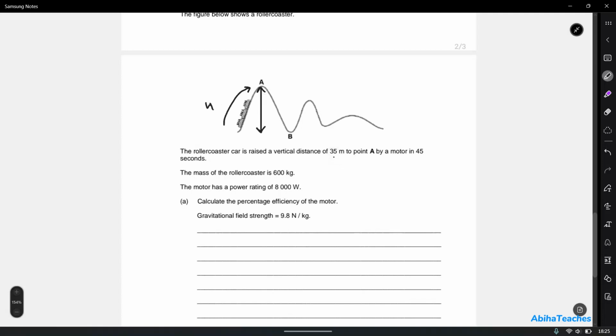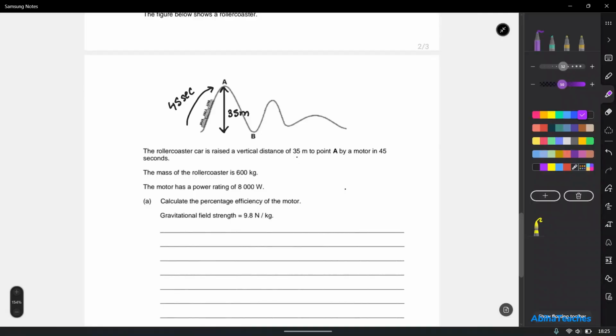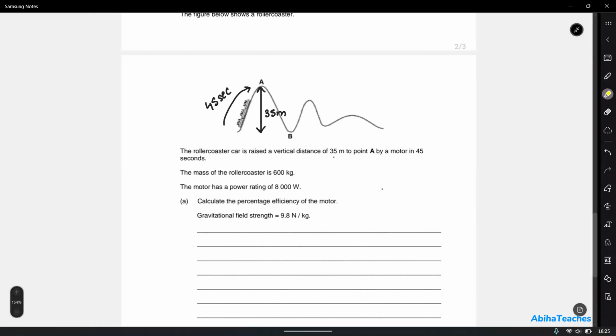I'm just going to annotate. And it travels 35 meters. The mass of the roller coaster is 600 kilograms. The motor has a power rating of 8,000 watts. Calculate the percentage efficiency of the motor.